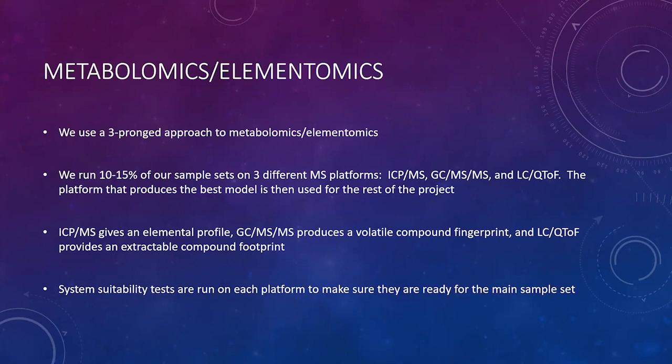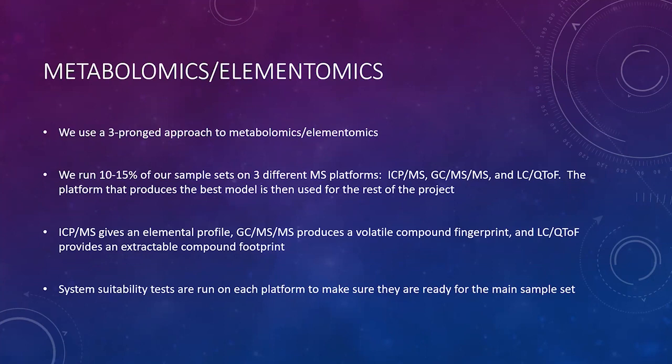So using these 3, basically we cover every known component of each commodity we're looking at. After these 10 or 15% of the samples are run, we've modeled the data and we see which of these platforms produces the best model, and that's what we use for the rest of the project. So again, ICP-MS, elemental, GC-MS, volatile, and LC-QTOF, extractable footprints.